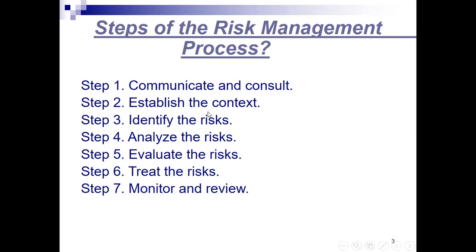We establish the context next because we have to know the unique characteristics and nature of the business, the accounts, and the company or industry to which it belongs. We identify risk, analyze, then evaluate so that we can properly treat it, and we have to monitor and review our efforts.